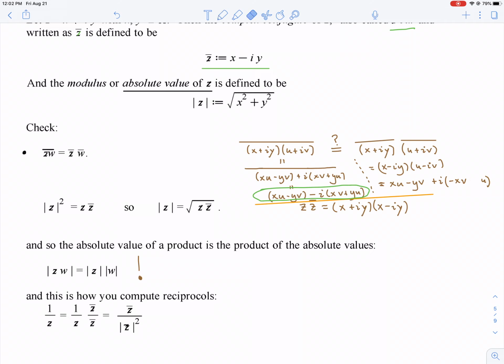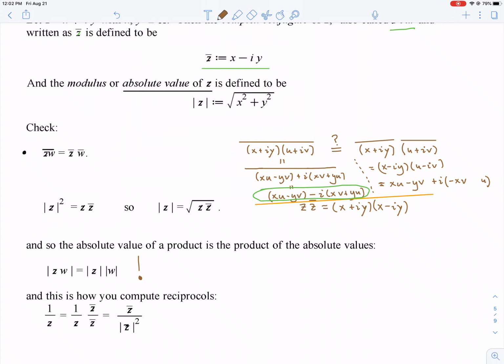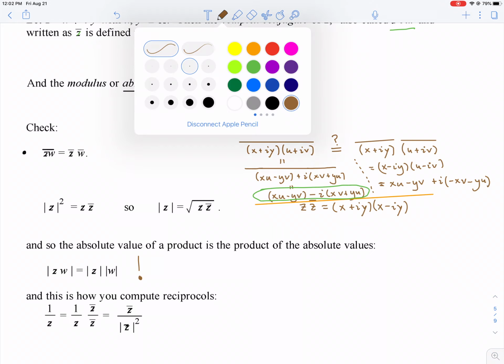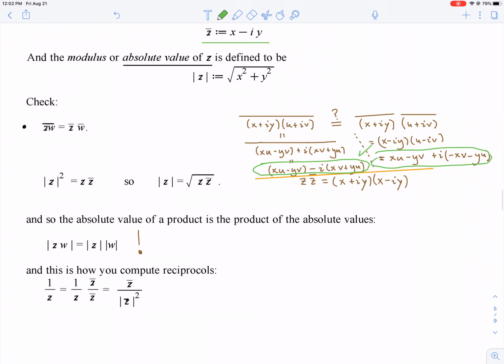If I put my signs right, it's minus xv minus yu. Okay, so that's very important.